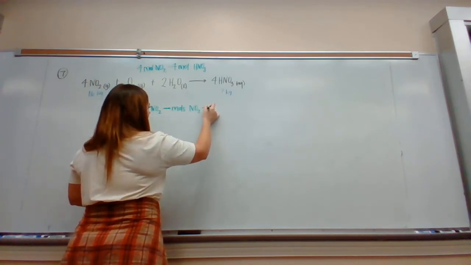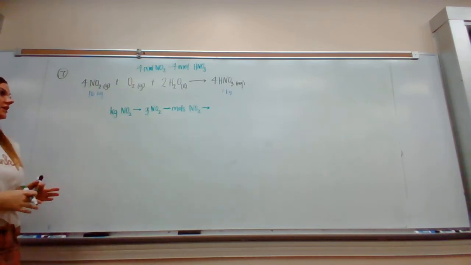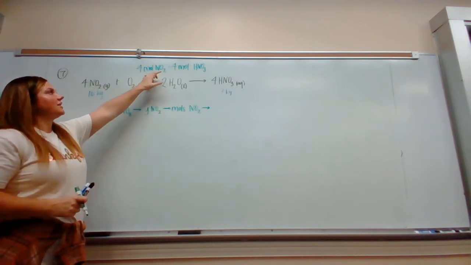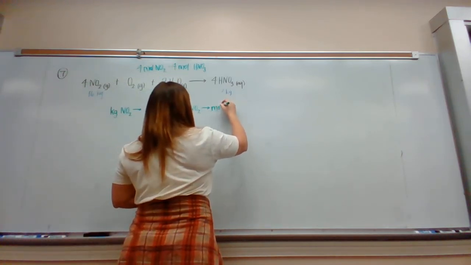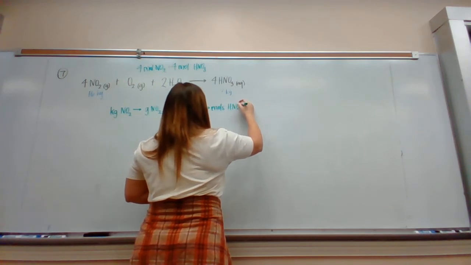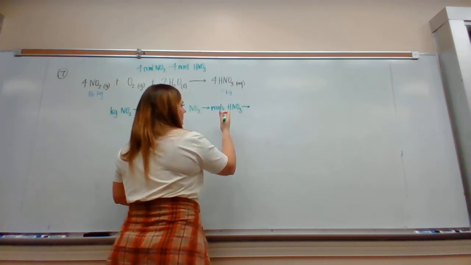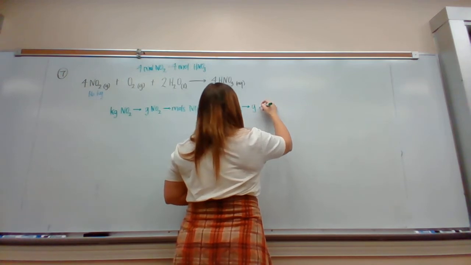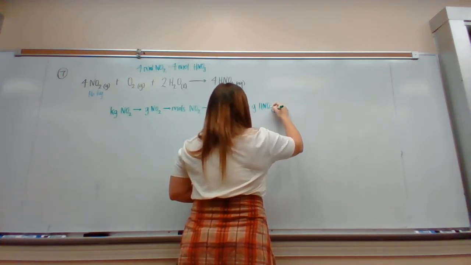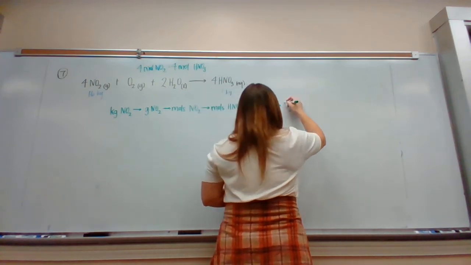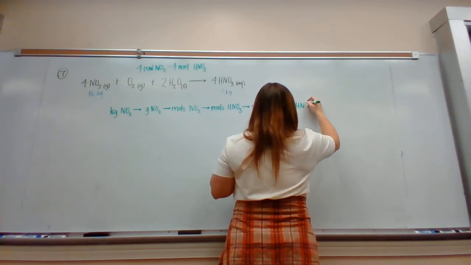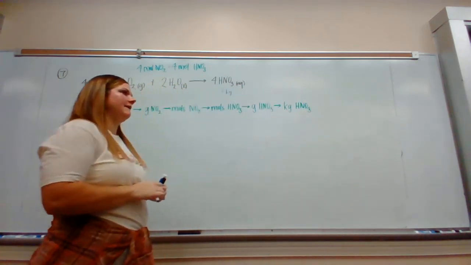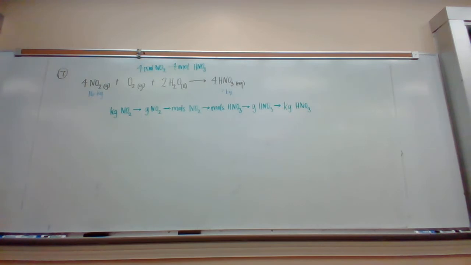Once I can convert kilograms to moles, I can use this new relationship to go to moles of HNO3. From moles, I can always get to grams. And then if I have grams, all I have to do is the gram to kilogram conversion and I'll get kilograms. Okay, so those are all the different steps that we'll go through.